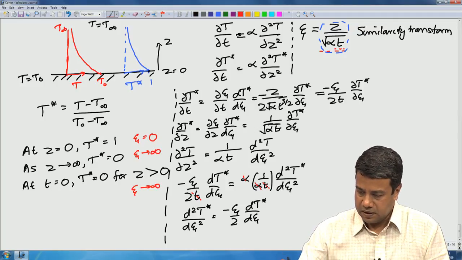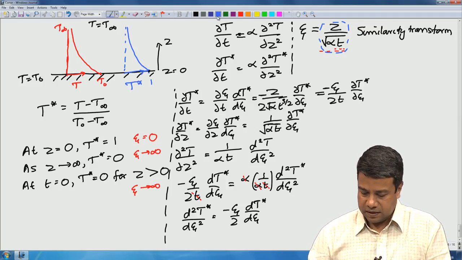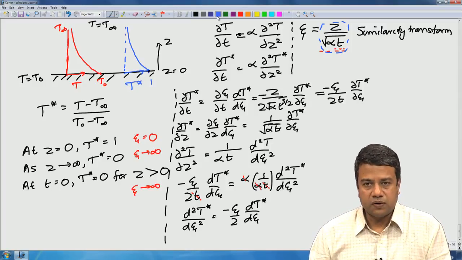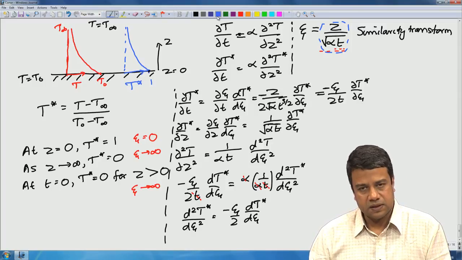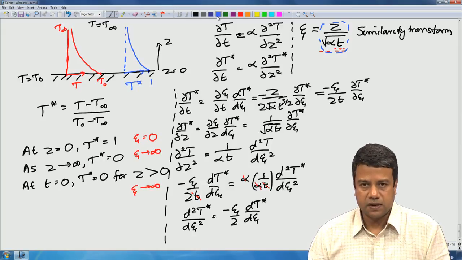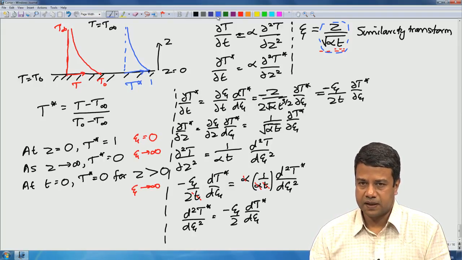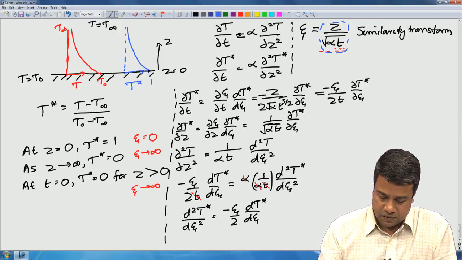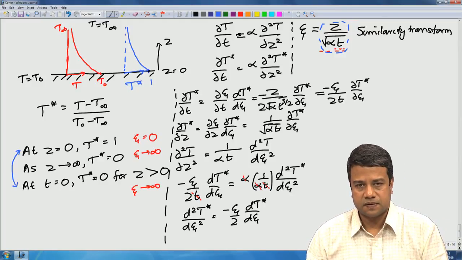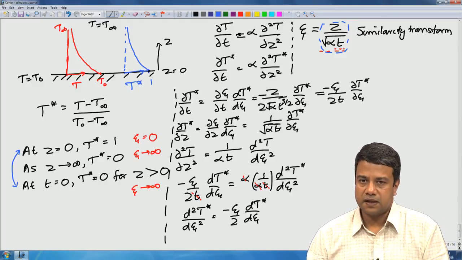And you can sort of see that I had two boundary conditions here, z is equal to 0 and z tends to infinity, and one initial condition, t is equal to 0, in the original problem. In terms of the transformed problem, these two have reduced to identical conditions in terms of psi. That is required for consistency.